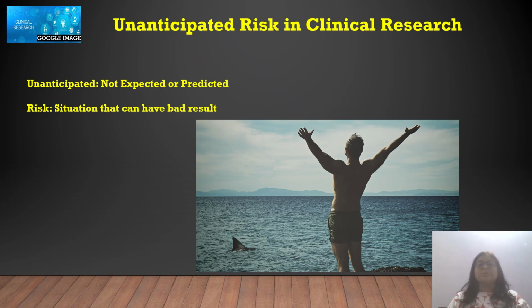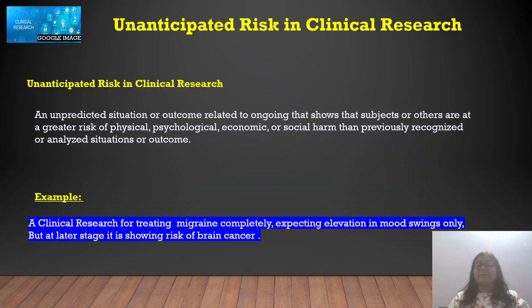Now we will see what the unanticipated risk is in clinical research. As we understood, unanticipated risk means unexpected risk. So in clinical research, as we have been talking about clinical research and clinical trials since the start, human participants are involved.